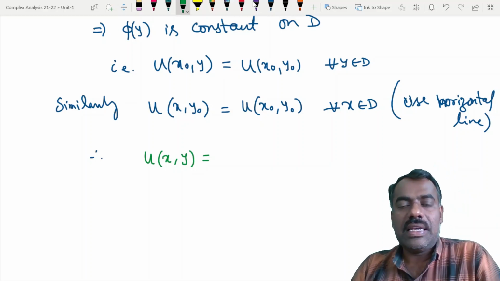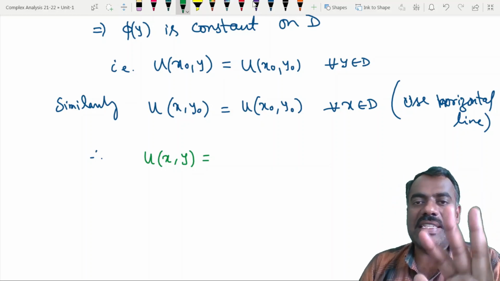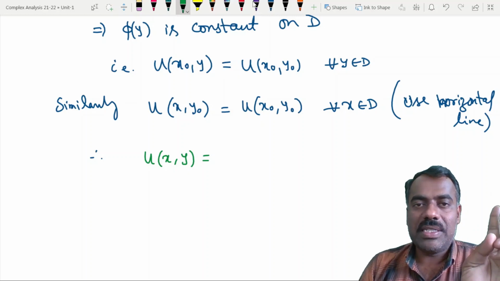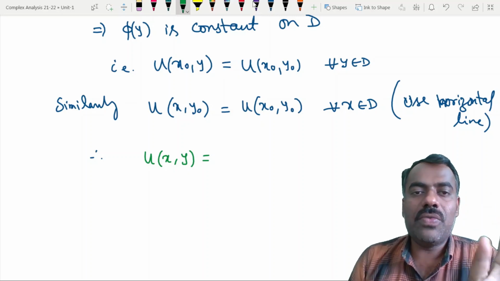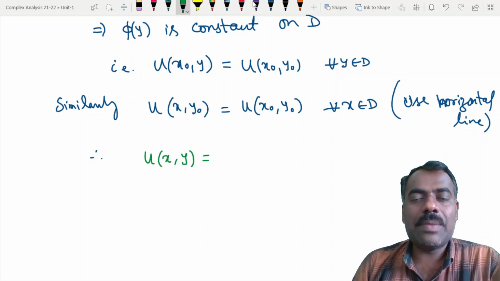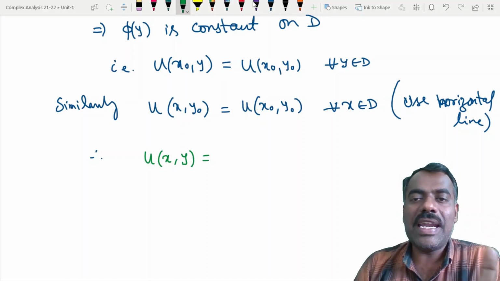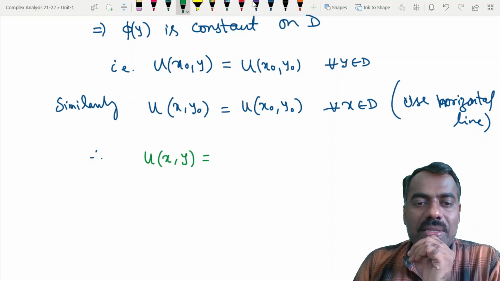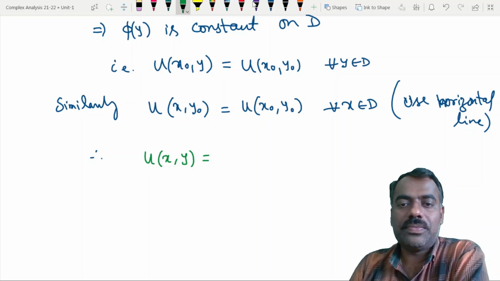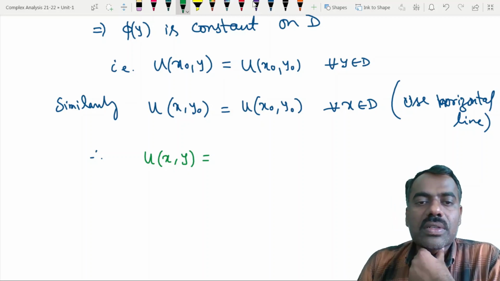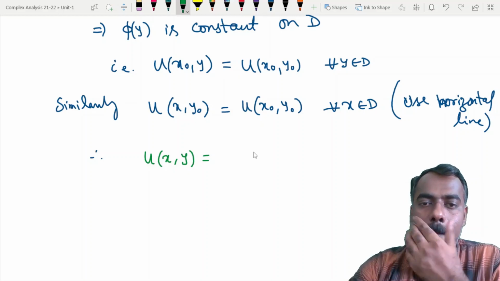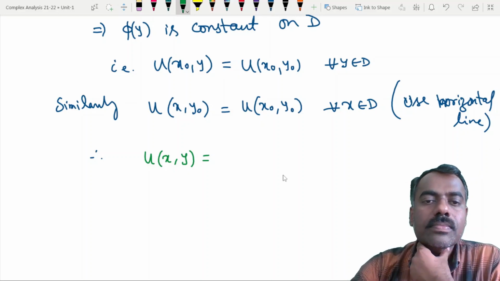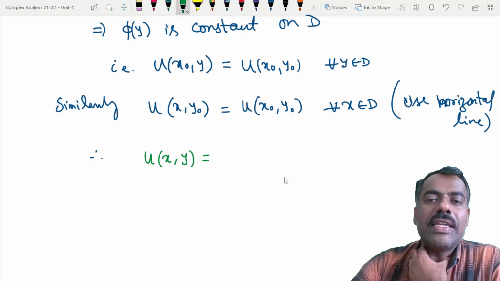Now given x comma y and x naught comma y naught, you have 2 points. X comma y is any arbitrary point and x naught comma y naught is a given fixed point. Now this u of x comma y, this value is equal to what? What can we write?